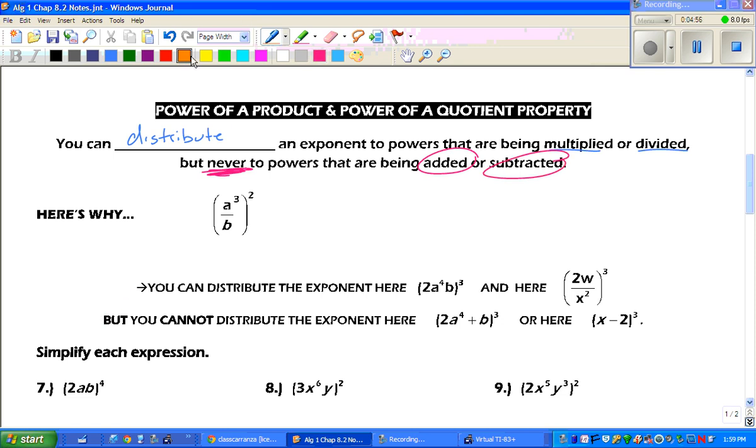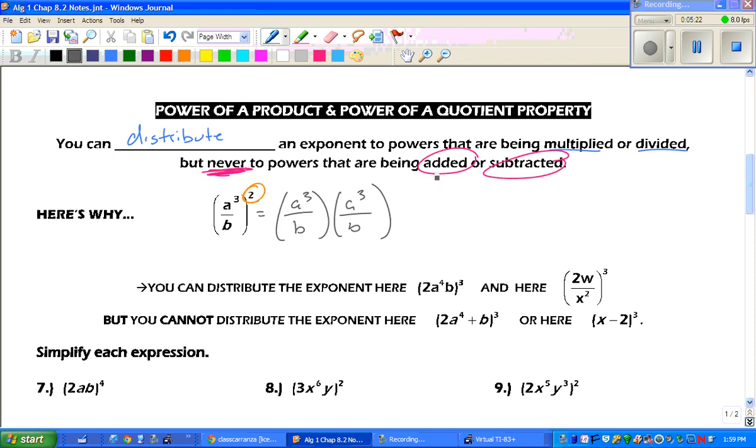Okay, so let's take a look at this. Just like in our example above, when we first started talking about this, we would have a to the third over b. But we would have two of those because that's what our little exponent is telling us.